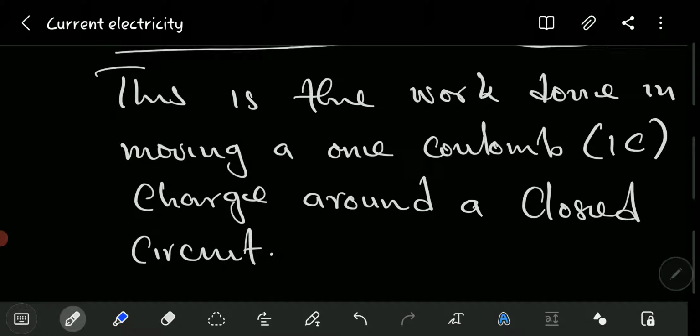So it is the work done in moving a 1 coulomb charge around a closed circuit.